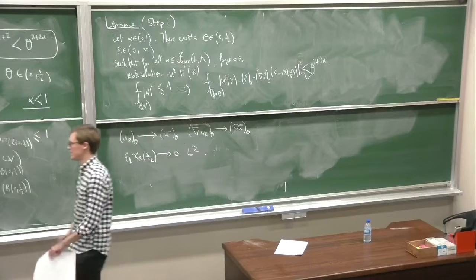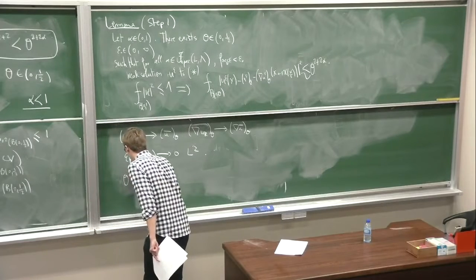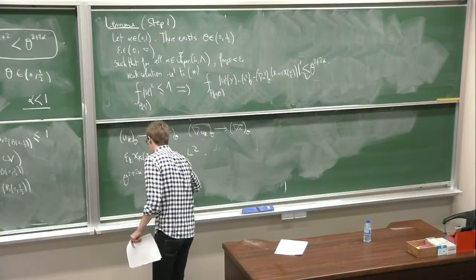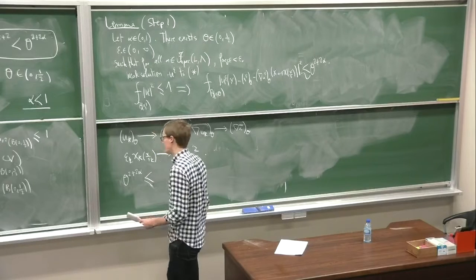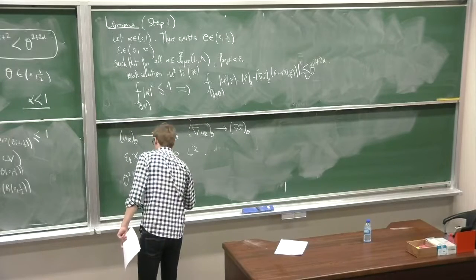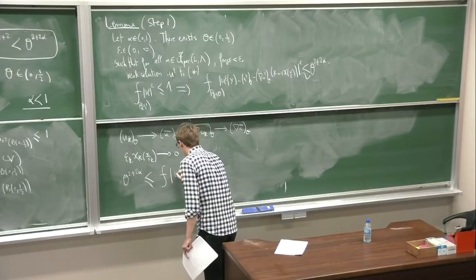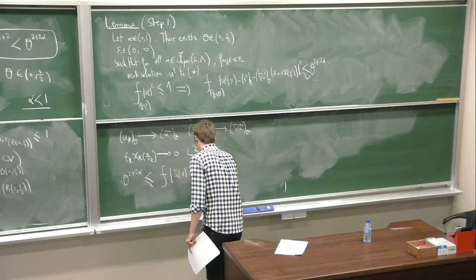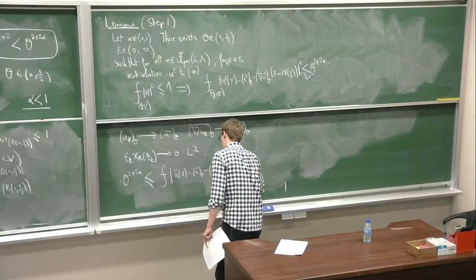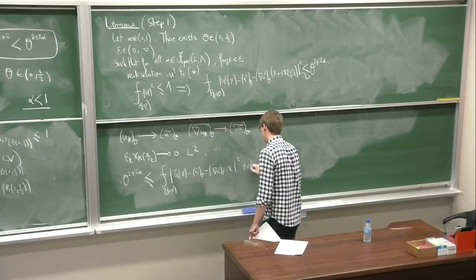And in this way, you can pass to the limit in this inequality, and you obtain that theta to the 2 plus 2 alpha is less or equal to, so I pass to the limit here, and I get that this is less or equal to U bar x minus U bar theta minus gradient U bar theta dot x, square, on B_0 theta, plus small o of 1.